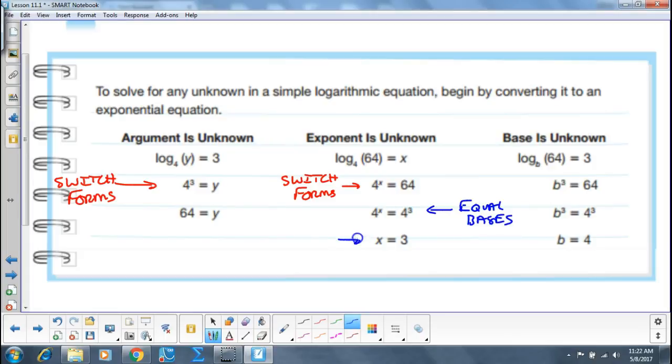Then if the bases are equal, then the exponents are equal. If the base is unknown, first you switch forms.